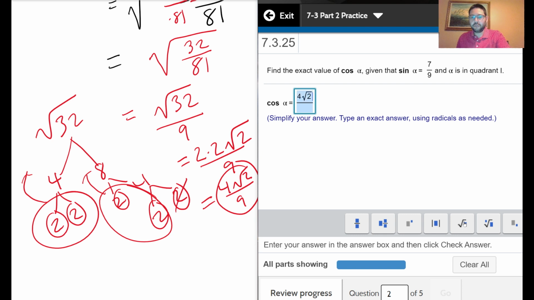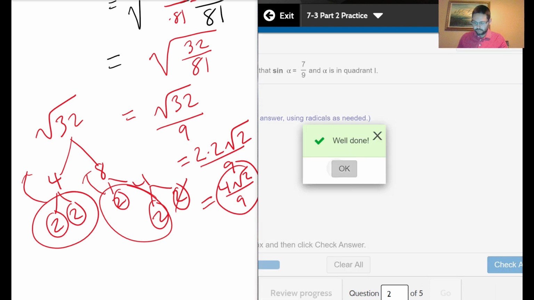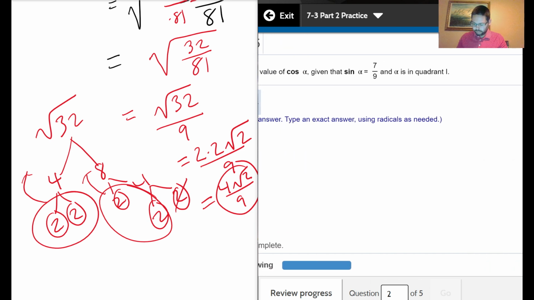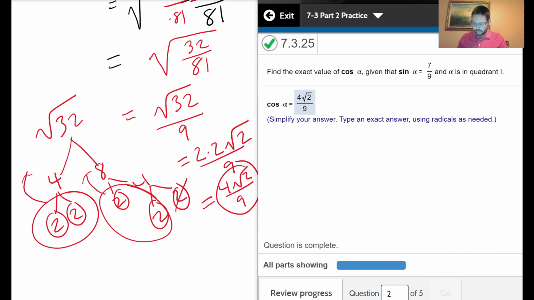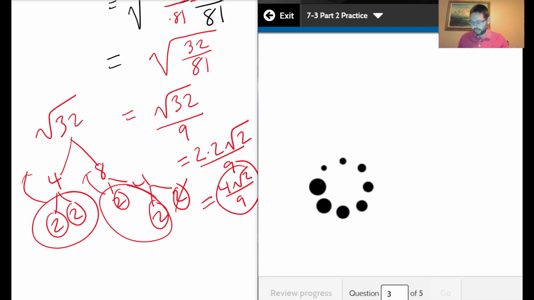Then use the arrows to go to the next box. And there we go. All right, let's go to the next question.